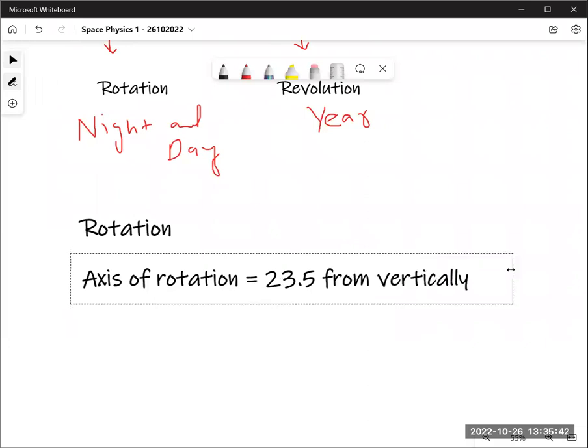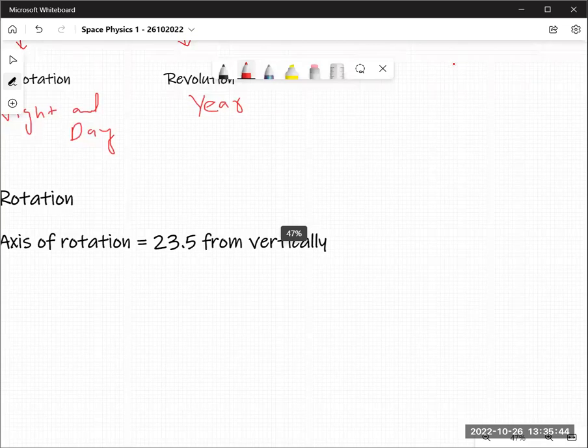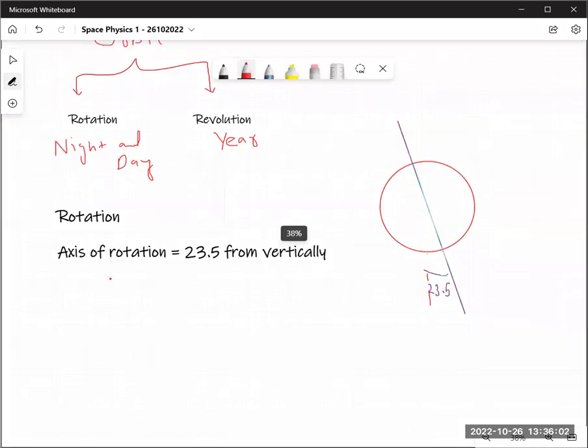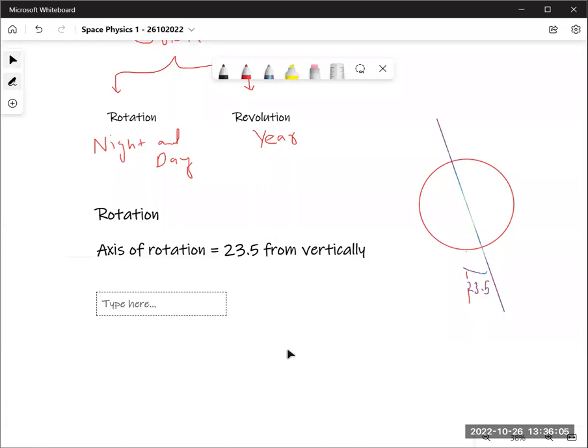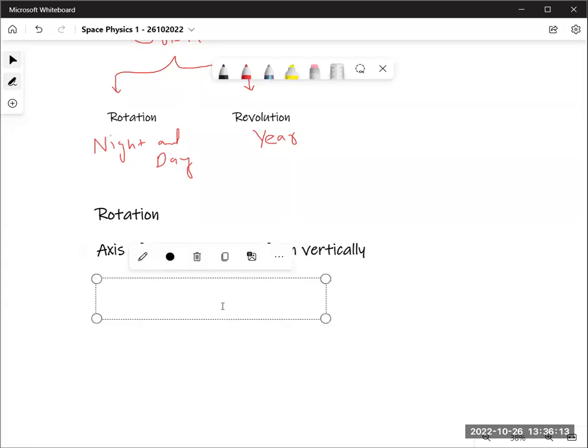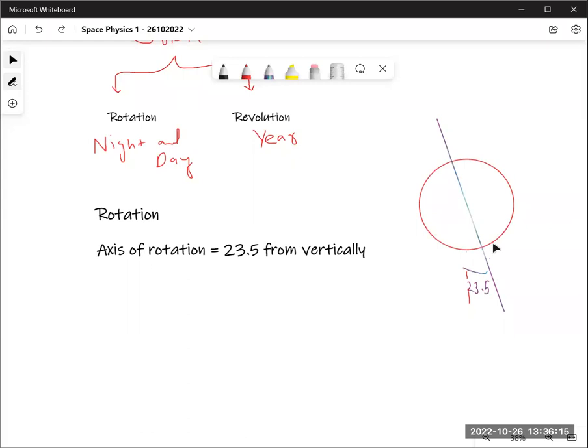So if you have the Earth like this, your axis of rotation is actually this line from the center, and this angle is going to be 23.5 from the vertical. If I remove this, this is what your Earth looks like. Now, do we draw the Earth as well? No, not at all. Okay. Now, next thing is you should just draw the circle and a line like this, make a normal or make a vertical like this.